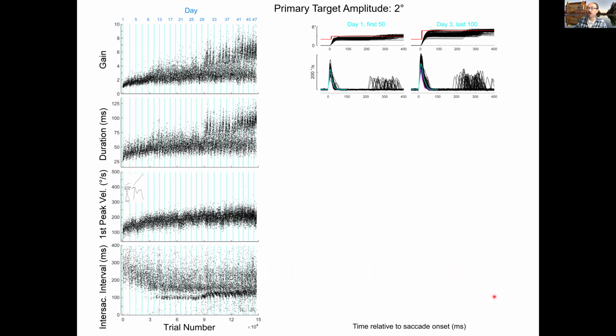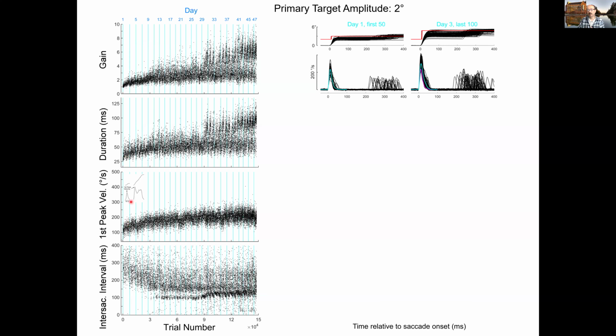Now let's concentrate on those adapted saccades elicited by the 2 degree primary target amplitude. On the left, at the top is the gain, as you have seen in previous slides. The second is the duration of the saccades. The third is the first peak velocity.